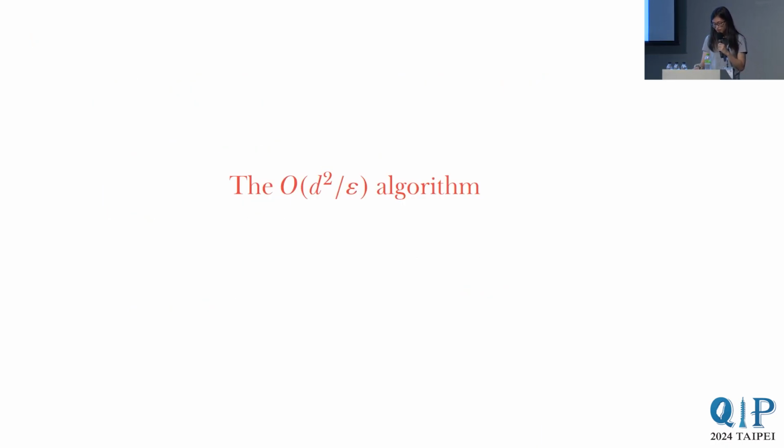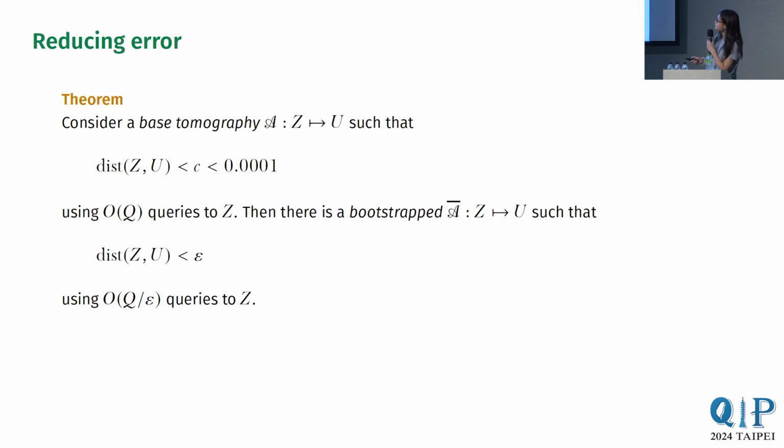Now I'm going to talk about the d squared over epsilon algorithm. If you didn't follow what I said before, that's fine. You can zone back in. This is not going to use that.